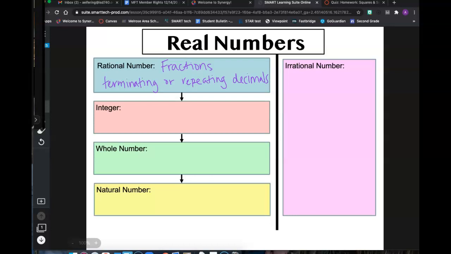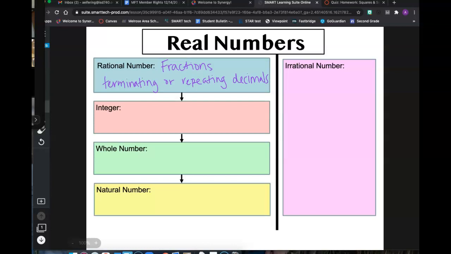So if a number is a rational number, that means I can write it as a fraction or it's a terminating or repeating decimal. And terminating decimal just means it ends, and I'll show you examples of all of these. Repeating, obviously, it means it repeats. Now, if it's not a rational number, then we would call it irrational.